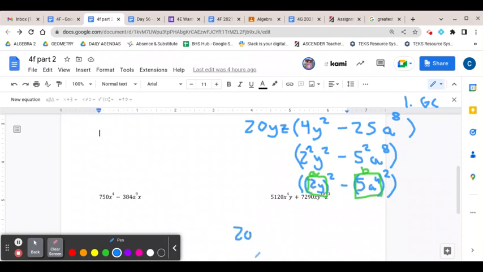So we're going to have our 20yz on the outside because we still pulled that out. This parenthesis right here, 2y squared minus 5a to the 4th squared, becomes 2y plus 5a to the 4th, and then we're going to have 2y minus 5a to the 4th. Because it's the difference of squares, we use the difference of squares formula there.